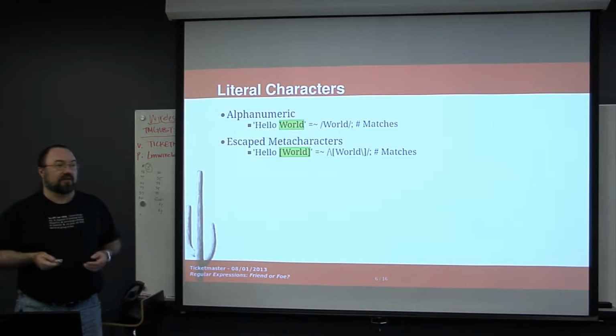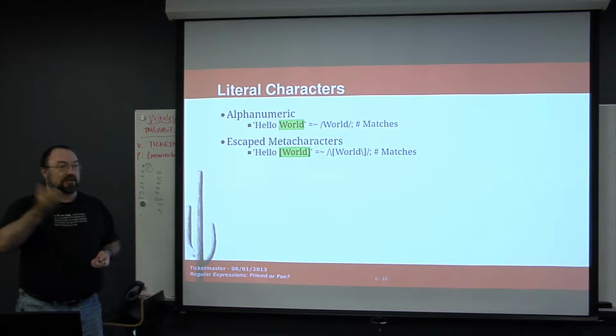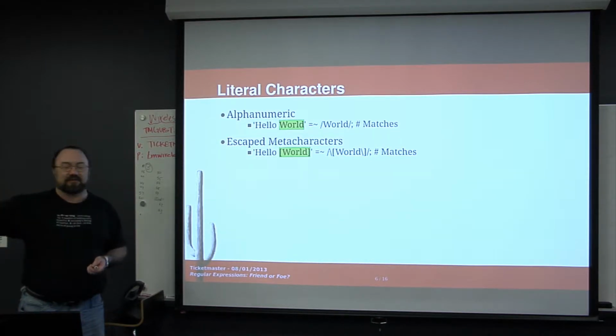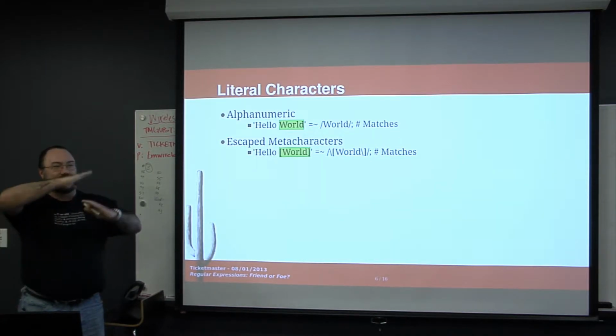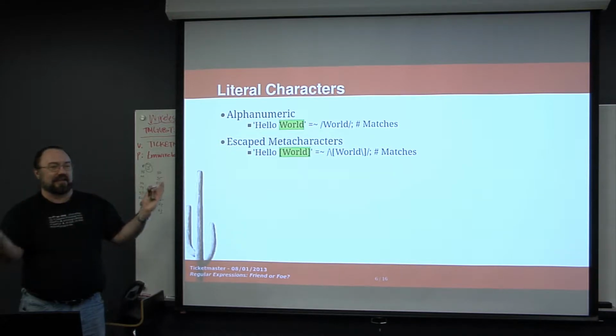There are actually other characters you may see used because you can get what is called leaning toothpick syndrome. For instance, if you're trying to match a Unix path, well, forward slash means something, right? So every single one of those forward slashes you have to put a backslash in front of. So you end up with a bunch of things that look like leaning toothpicks.